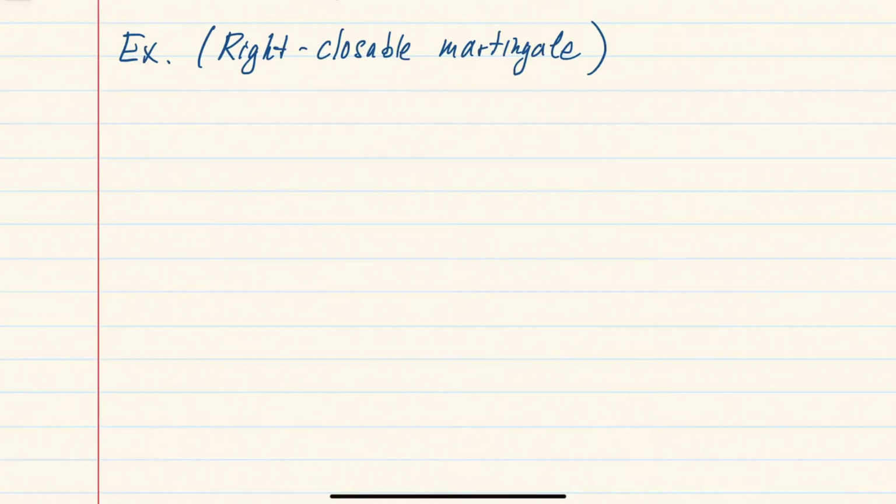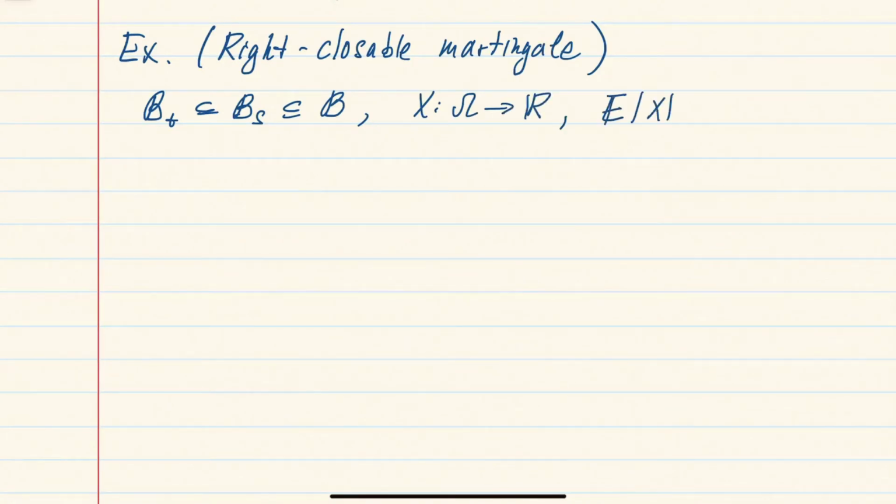What a right closable martingale is, is the following: you have this family of increasing sigma algebras in your probability space like before, and then you consider one random variable X on your probability space, which is integrable, right?